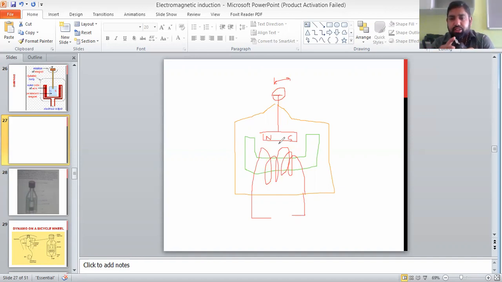This dynamo is placed with the wheel of the bicycle, and when the wheel rotates, this disc is rotated and current is produced. That current can be used to run the headlight of the bicycle, and it can be used for other decorative work like LED lights of different colors, which can be operated with this electricity.